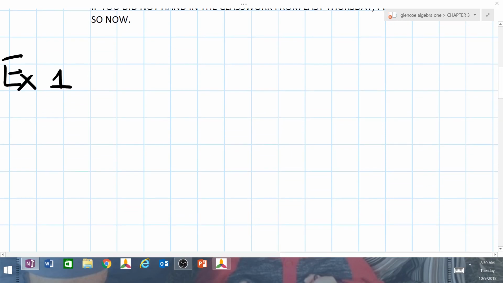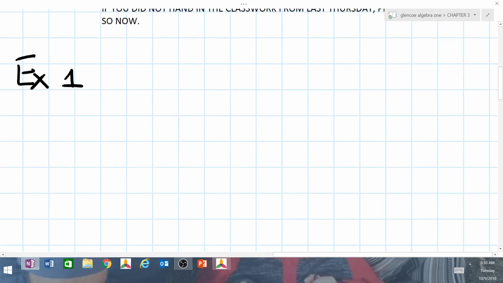Yes? Okay. So we're talking about standard form, which is ax plus by equals c. And if you look at the definition in the box in your notes, a, b, and c are integers. A is greater than or equal to 0. A and b cannot both equal 0 at the same time. And a, b, and c have a greatest common factor of 1.